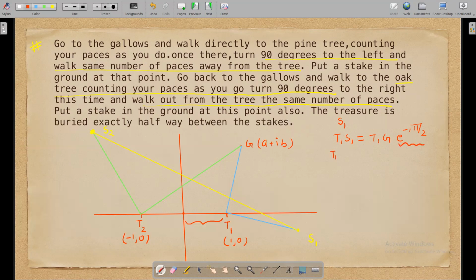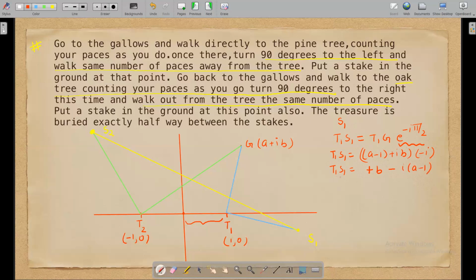Now T1S1 gives me T1G. What is T1G? T1G is nothing but (a minus 1 plus iota b) multiplied by e power minus iota pi by 2. That is minus iota. Or you can say that T1S1 actually gives me minus iota times (a minus 1) plus b, or in fact it will become minus iota squared as plus b, minus iota into (a minus 1).